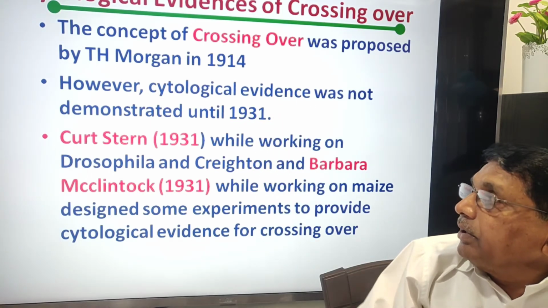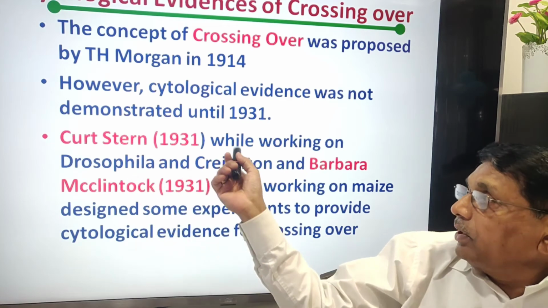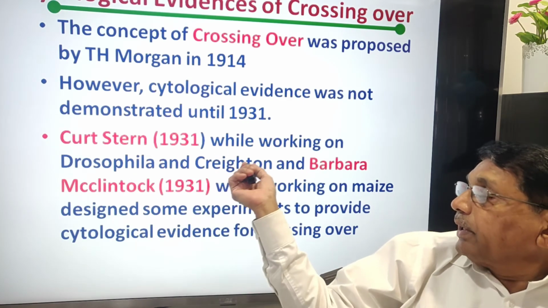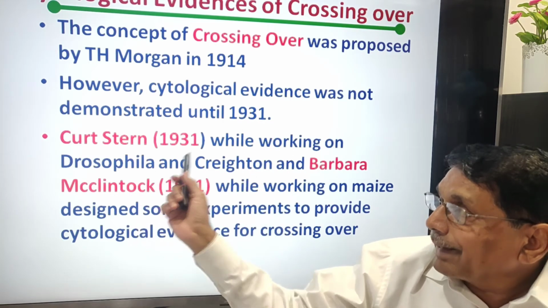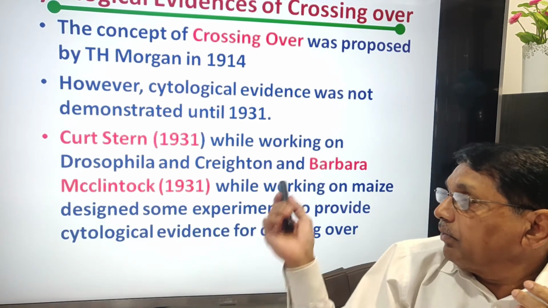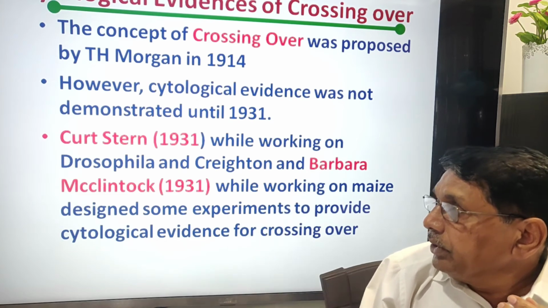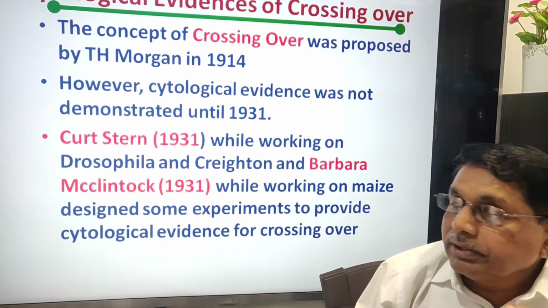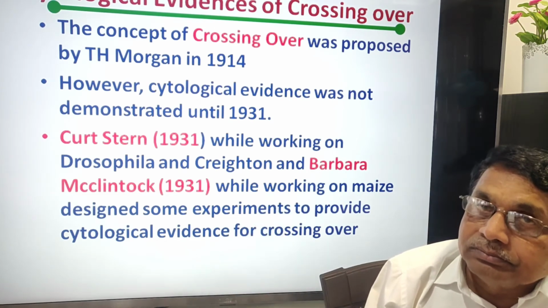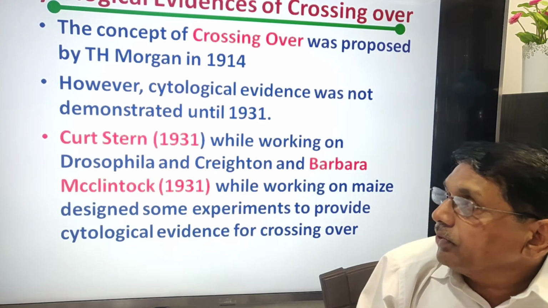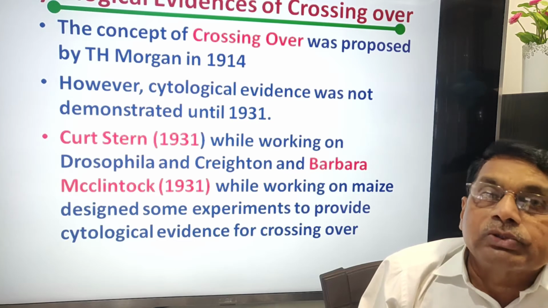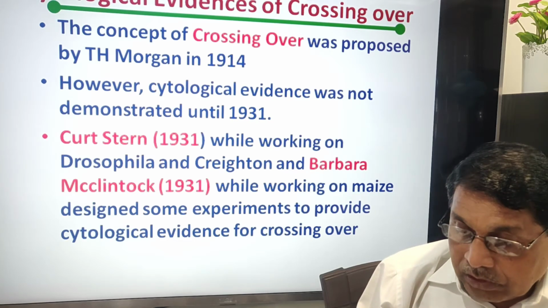Curt Stern, 31, while working on Drosophila, and Creighton and Barbara McClintock, 1931, while working on maize, planned some experiments to prove the cytological evidence of crossing over after almost 20 years.